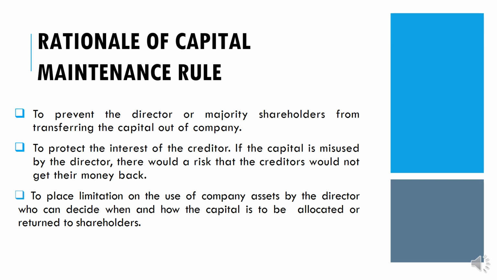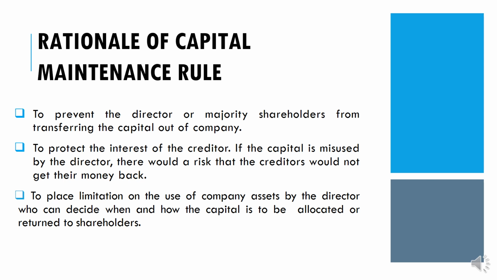And then to place limitation on the use of company assets by the directors, who can actually decide when and how the capital is to be allocated or returned to shareholders. So to put some limits, all right, on the use of assets of the company. So the directors cannot simply sell the property of the company, or cannot simply sell the assets of the company.